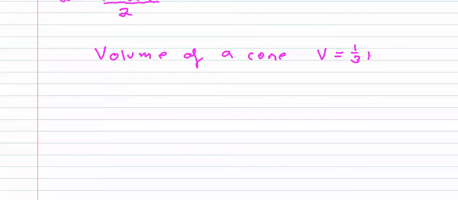Lastly, I want to look at an equation like the volume of a cone. I do not know if you learned this last year. The volume of a cone is 1/3 pi r squared h.